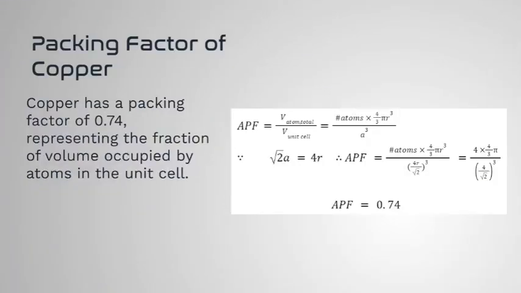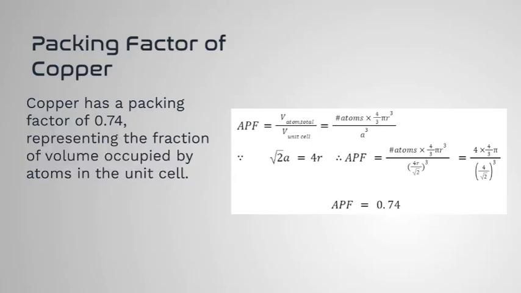So now we want to find the atomic packing factor for copper. Using the formula that we used before for APF, which is the total volume of the atoms over the unit cell volume, which is equal to the number of atoms times 4/3 pi r cubed, the volume of an atom, divided by a cubed.